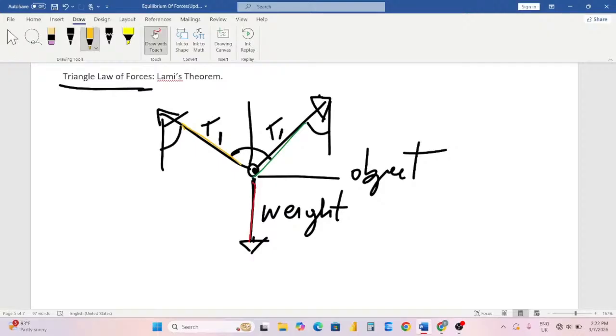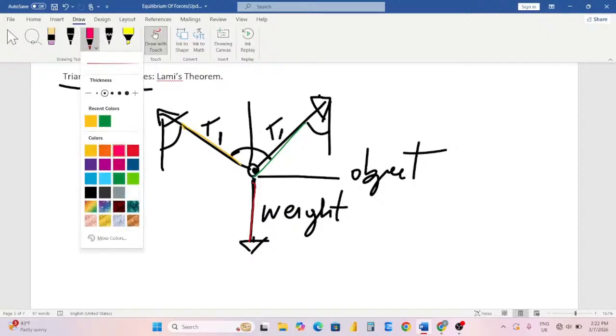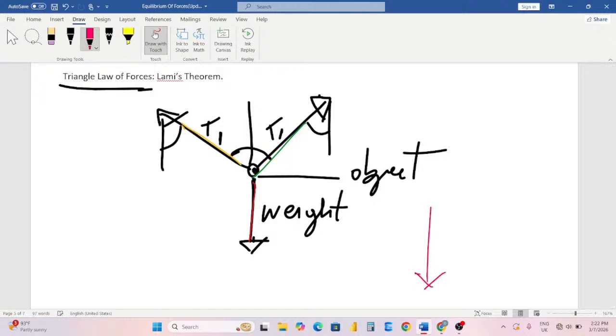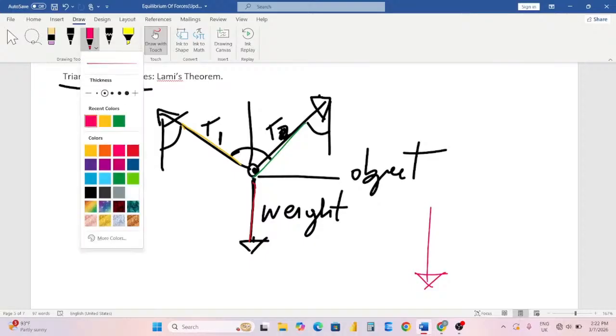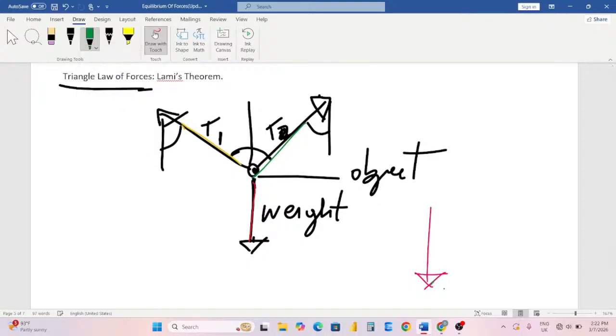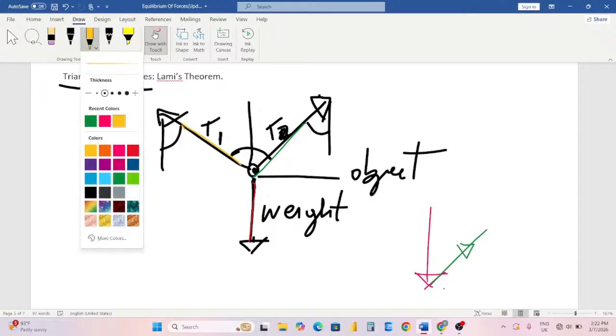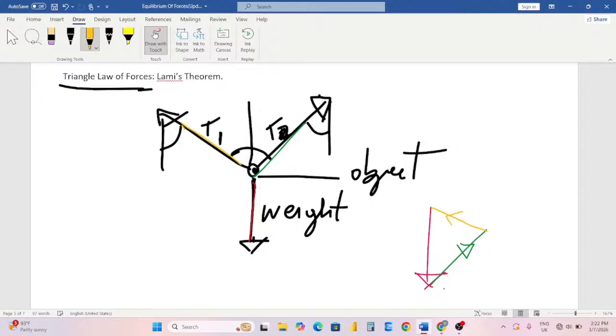So the first line will be red, pointing downward. Second one would be our T1. Sorry, this should be T2, and this is T1. So the second one will be the green. You want an arrow colored green pointing this way. Then the last one will be the yellow arrow pointing this way. So this is what we mean by the head to tail fashion.